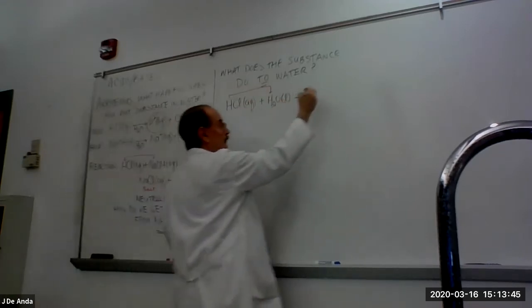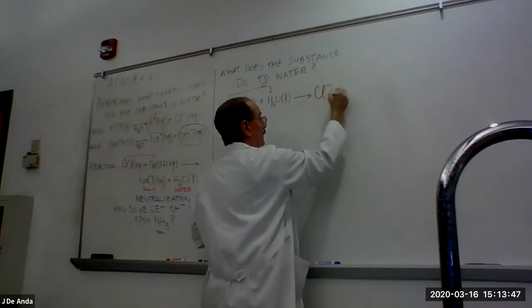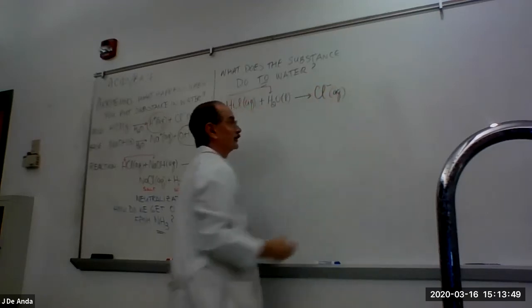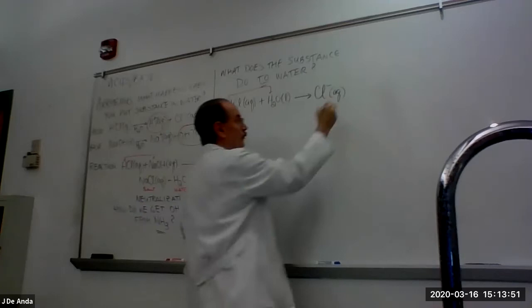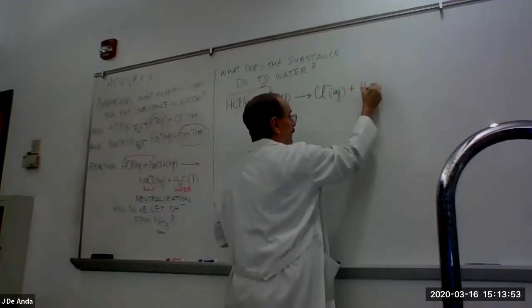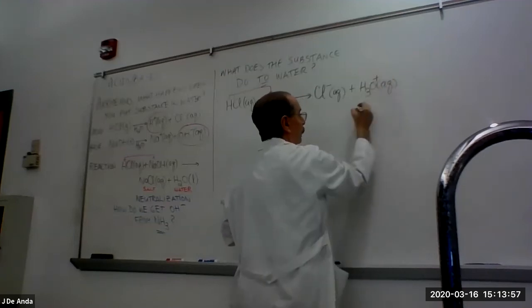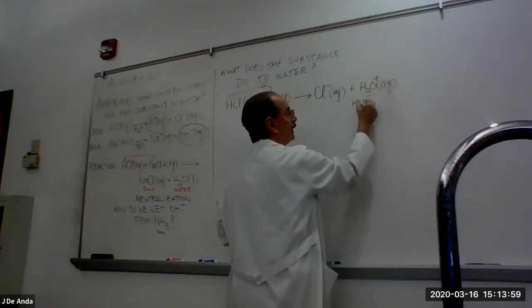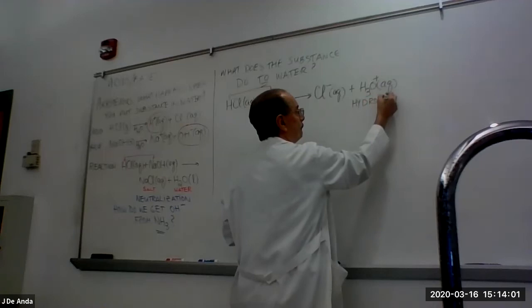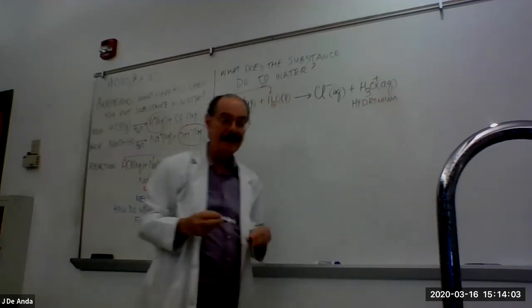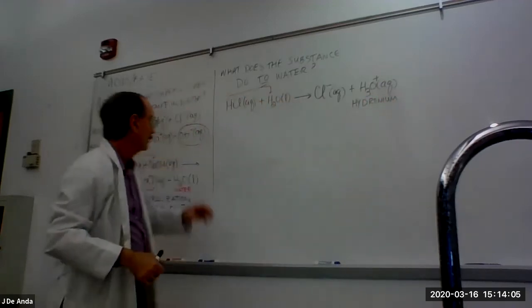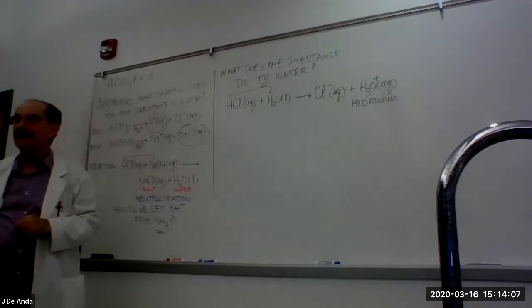It's leaving the chloride ion, which keeps the electrons, and the other product is a polyatomic ion called the hydronium ion. And that is the real form of this so-called hydrogen here.